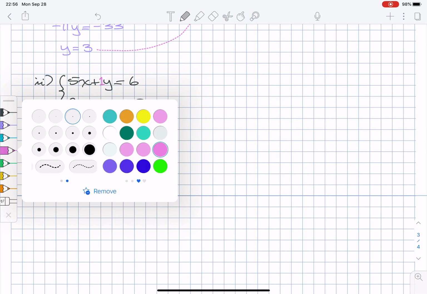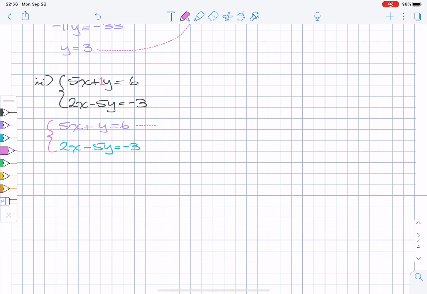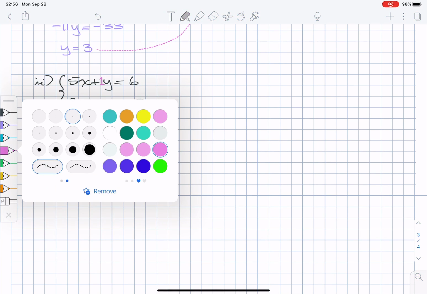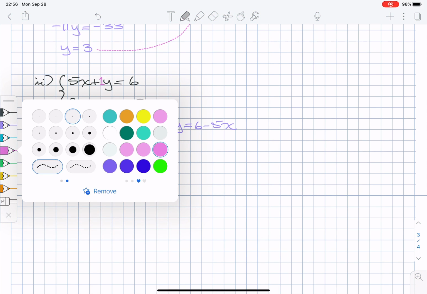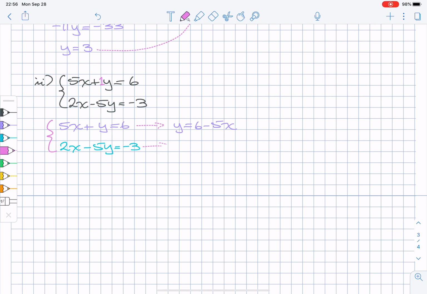Okay, so right away, from this first equation, I can go ahead and solve for y. And I claim that y is going to be 6 minus 5x. So now I can use the second equation. Plug in, I will get 2x minus 5 times y, which is 6 minus 5x, is equal to negative 3.